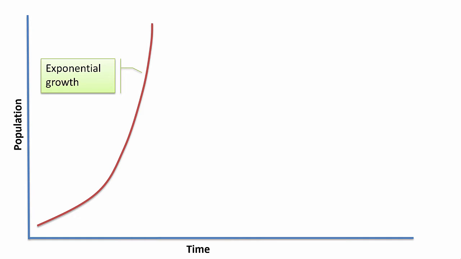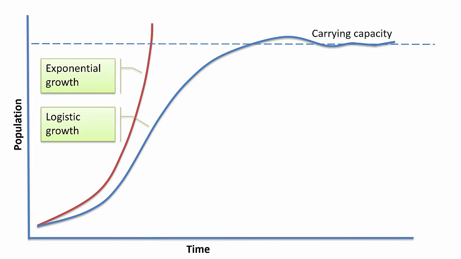The second growth model is one referred to as logistic growth, where the population grows, and it might even be growing quickly, but it soon finds that it is slowing down and finally reaches some kind of long-term sustainable pattern called a carrying capacity.